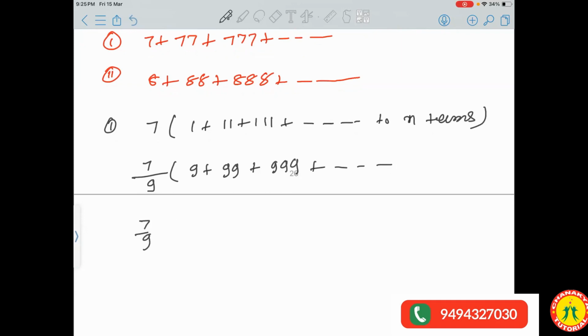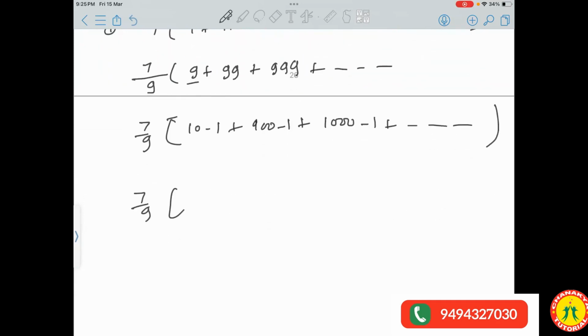So 7 by 9 times 9 is 10 minus 1, plus 99 is 100 minus 1, plus 999 is 1000 minus 1, like that up to n terms. So 7 by 9, we can add 10 plus 100 plus 1000 plus up to n terms, and 1 is n times, so minus n.